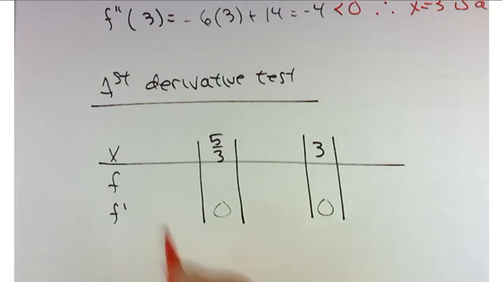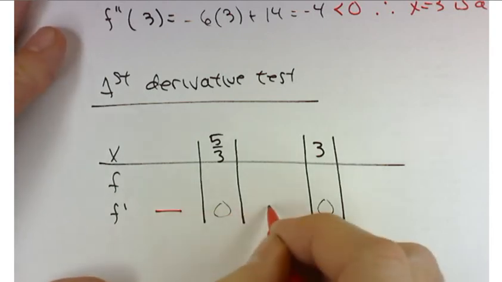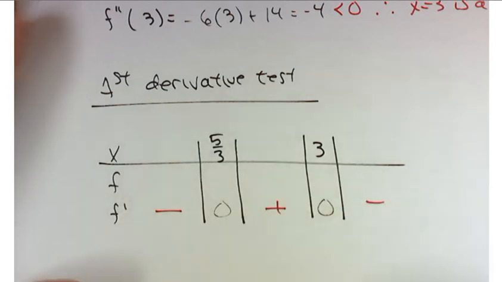You're going to get negative, positive, negative. So what's happening with the function? Well, it's decreasing, increasing, and decreasing.